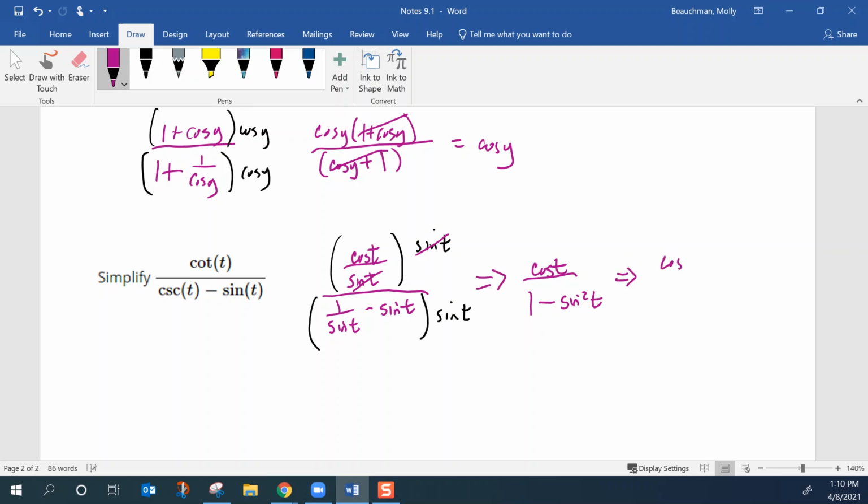So that gives us the cosine t over cosine squared t. Well, we can cancel a cosine with a cosine on the bottom, and we get 1 over cosine t, which can be written and simplified one more time. 1 divided by the cosine is the secant. So this expression, cotangent over cosecant minus the sine, can be written and simplified into just the secant.